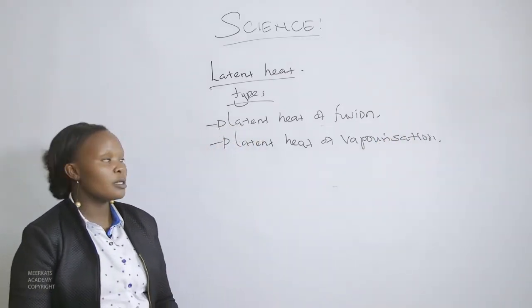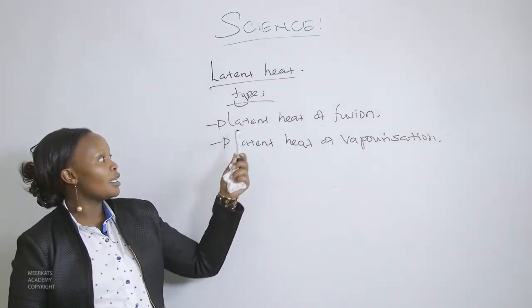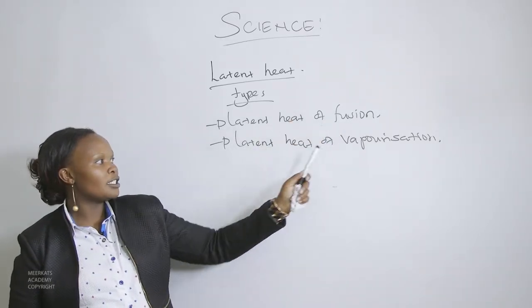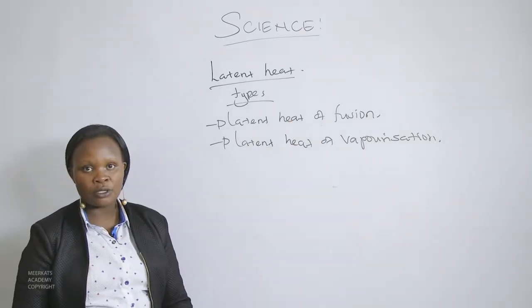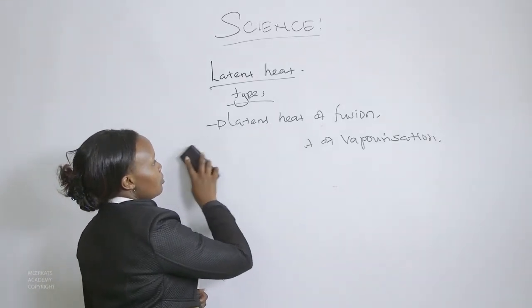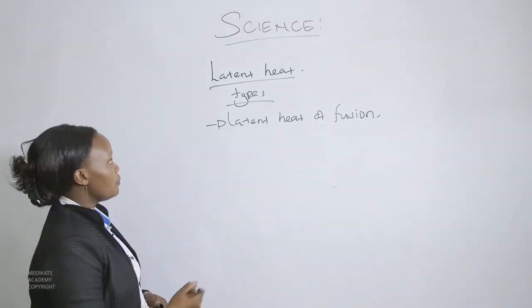Those are the two types of latent heat that we have. Let us look at each one of them at a time, and we begin with latent heat of fusion.